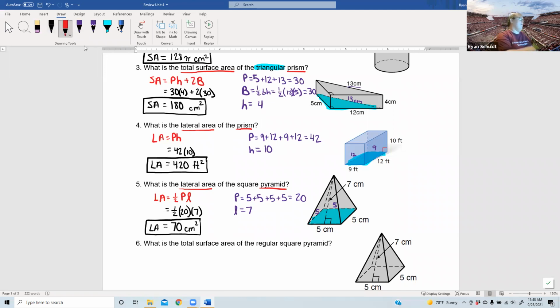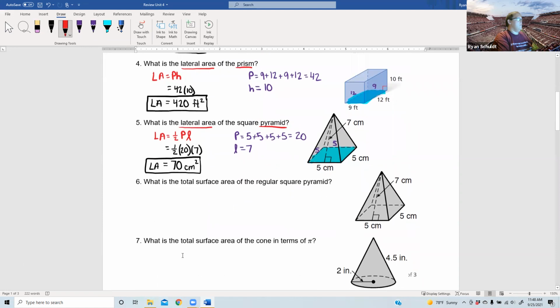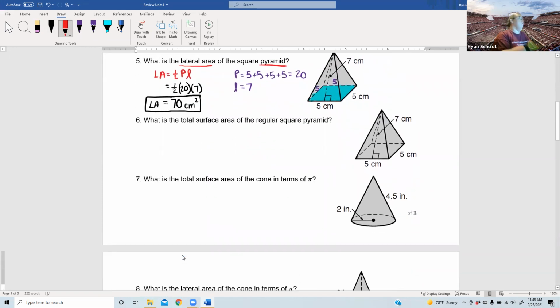Okay, number 6. What is the total surface area of the regular square pyramid? Okay, so I want total surface area of a pyramid.